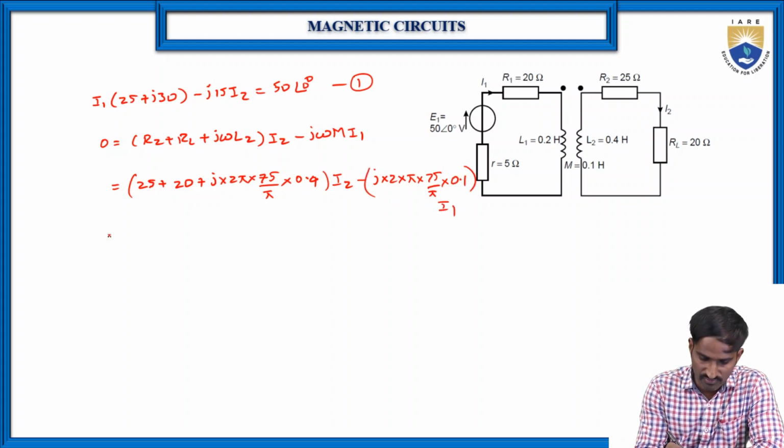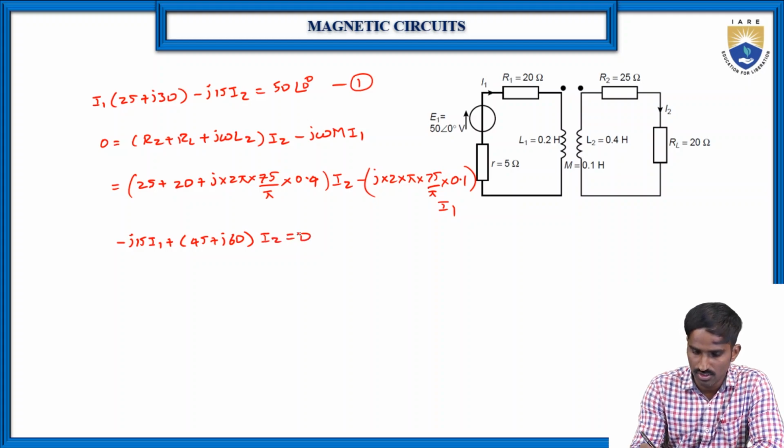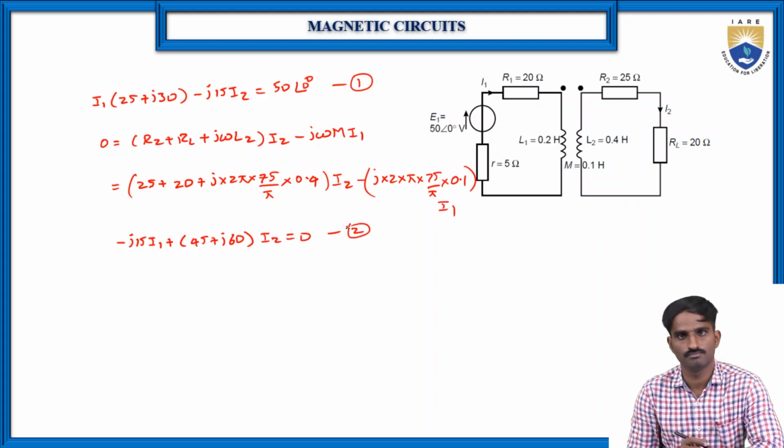So if you further simplify, you will get the equation, which is equal to, of course, anyway, this is 0. So minus j15 into I1 plus 45 plus j60 into I2, which is equal to 0. So this is equation number 2.